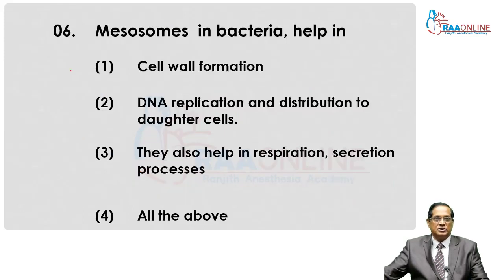Now the sixth question, mesosome. In a bacterial cell, this is the cell wall. Next to the cell wall, the cell membrane is present. This is the cell membrane, and you see some folded structures formed by the cell membrane.